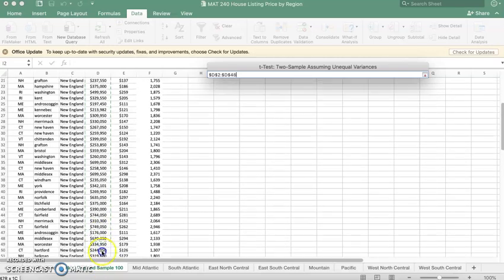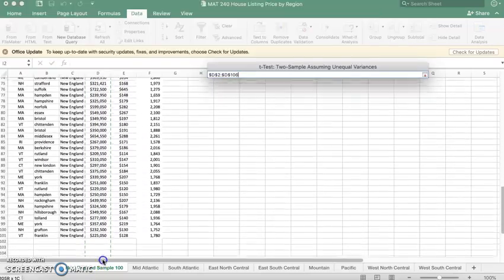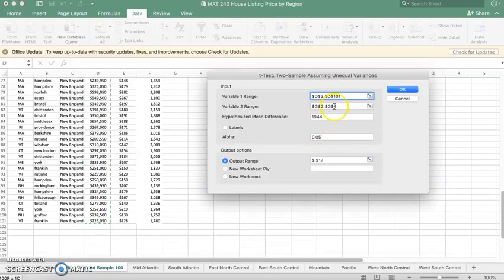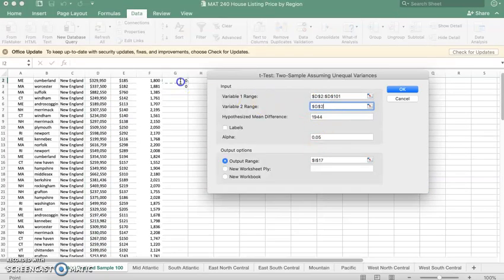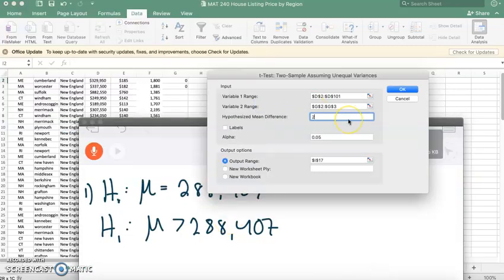Select all 100 of those observations or counties. And then here we're going to select that dummy variable. For our hypothesized mean difference, we're going to use that number from our hypothesis, 288,407.